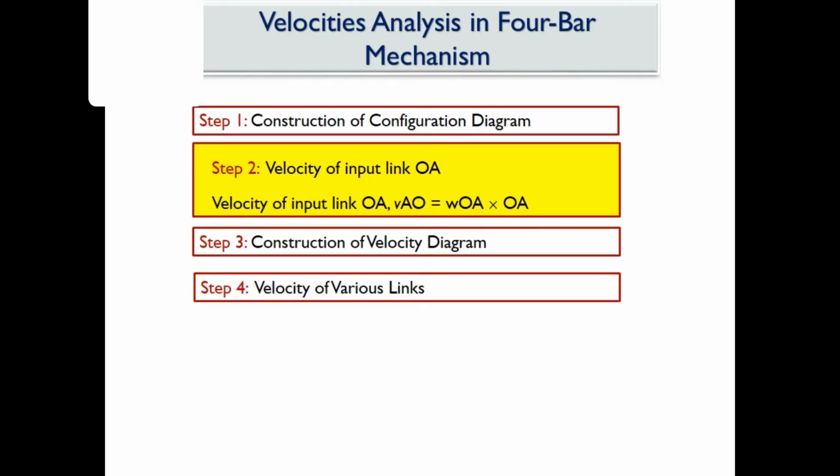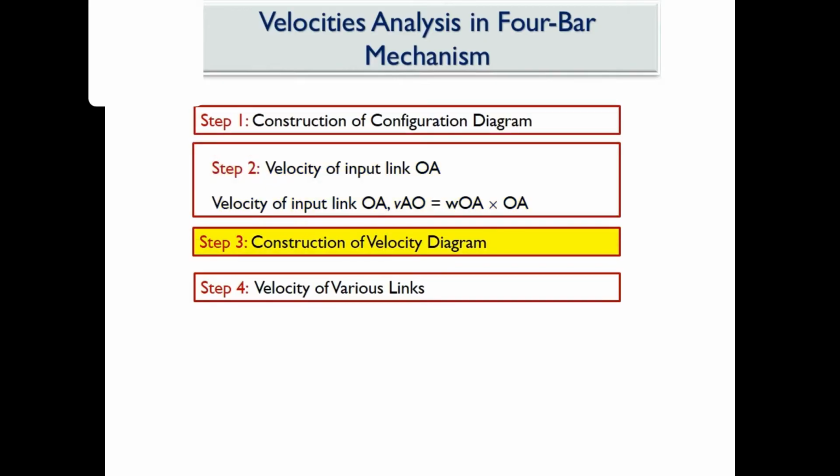In order to start with the velocity diagram, at least for one link we need magnitude and direction. Since the angular velocity and length of the input link is known, we could find velocity of the input link by using the equation V equal to R omega.